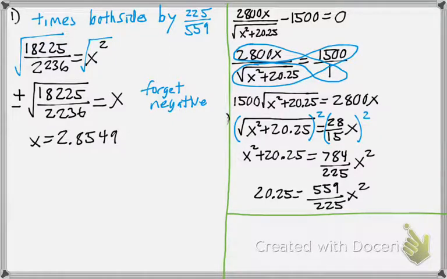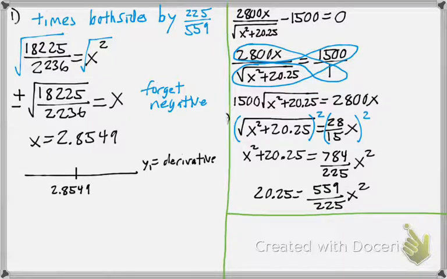We actually need to prove that this is a minimum. So in order to prove that this is a minimum, we do need to draw it on the number line. So 2.8549. And you do need to plug in numbers into the derivative. So if you plug in test points, you'll find that this is negative, and you'll find that this is positive.